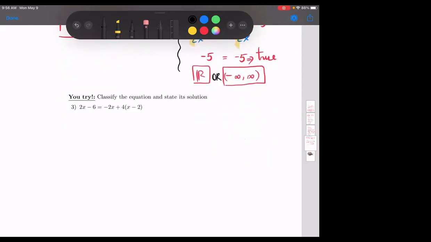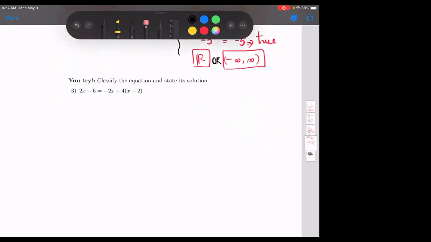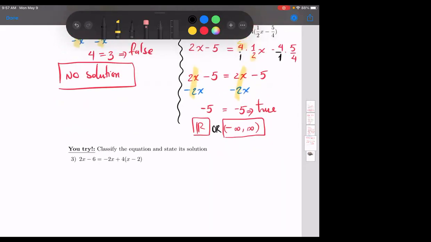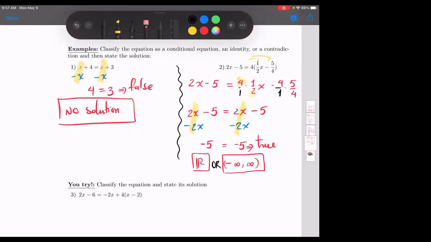Why don't you try number 3? Alex says no solution. Yeah, Alex.